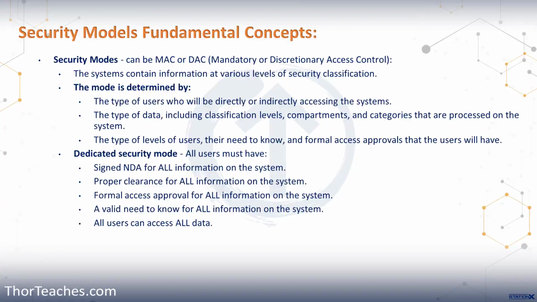We also take into consideration what types of users we have on the system, their need to know, and if we have formal access approval in place for those users.